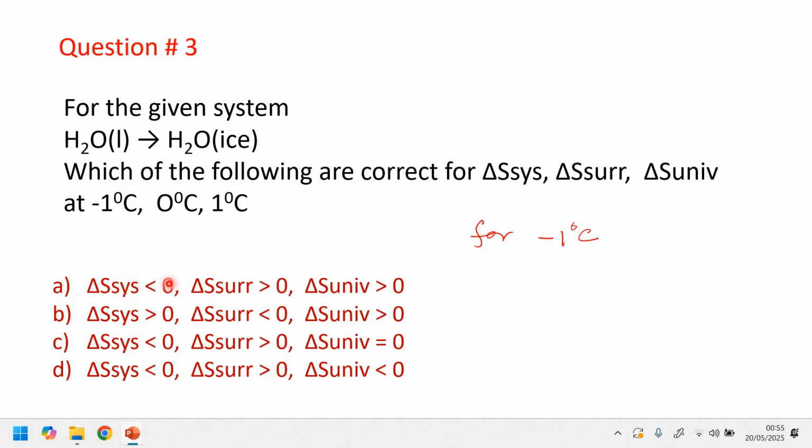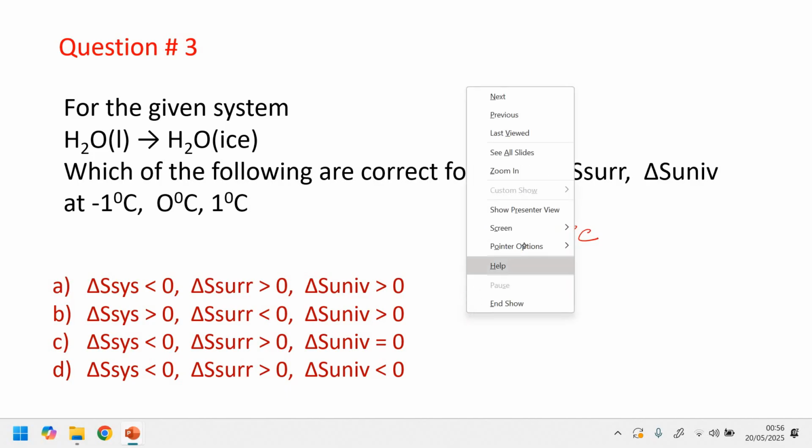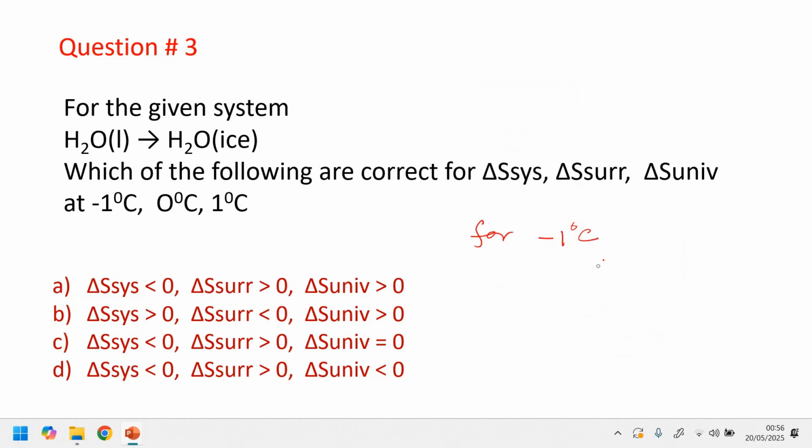Delta S system negative, delta S surrounding much positive. So overall delta S universe is positive at -1 degree centigrade. So for -1 degree centigrade, the answer is option A.